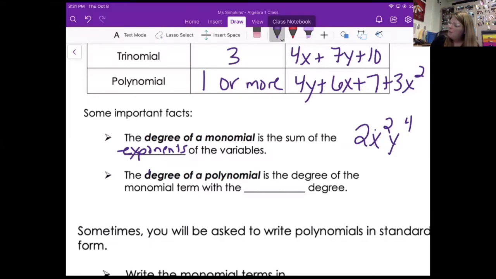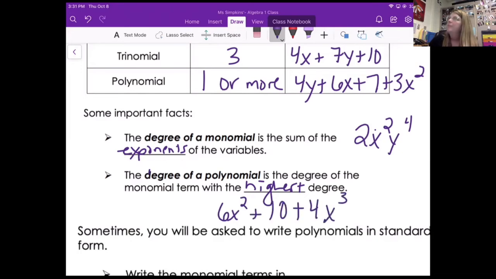If we have more than one term, we are going to take the highest exponent to describe its degree. So for example, if I had 6x squared plus 10 plus 4x to the 3rd, what is the highest exponent? 3. So I would call that a degree 3.